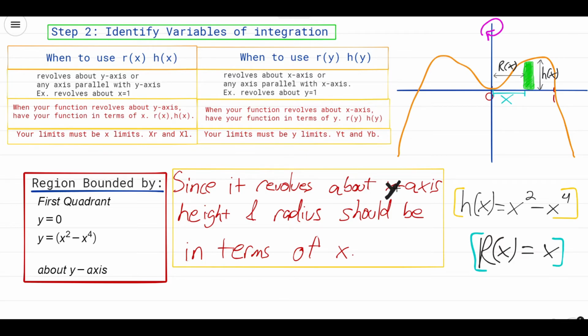So since it revolves about the y-axis, height and radius need to be in terms of x. Just know that. Since it revolves about the y-axis, height and radius should be in terms of x. So our h of x is the function given to us right here, and r of x is the distance from the disk to the axis of revolution. We're going to call it x because it's right on the axis of revolution.